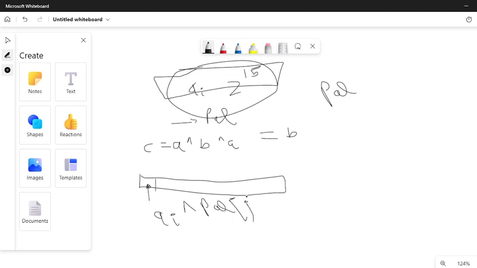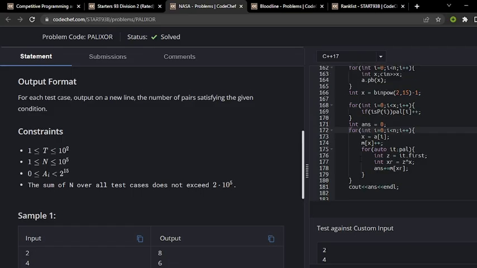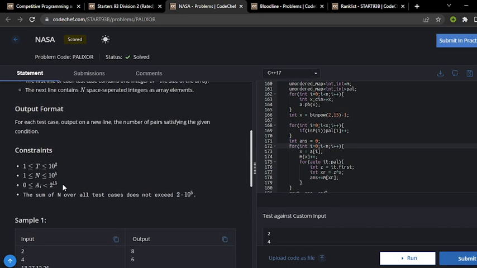For checking previous, we will make another map which stores the frequency of the previous elements. Let's see the code, then you will understand very easily. It is a very simple problem, but you have to figure it out from this constraint only.